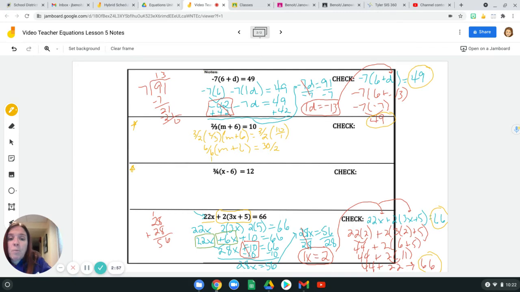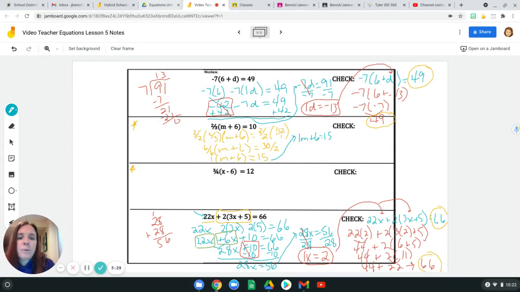So now we just have a 1 times m plus 6. And 30/2, 2 can go into 30 15 times. Now what you're going to notice happens is that when you distribute 1, it doesn't change what's in the parentheses. So if we rewrite this at this point, we have 1m plus 6 equals 15.